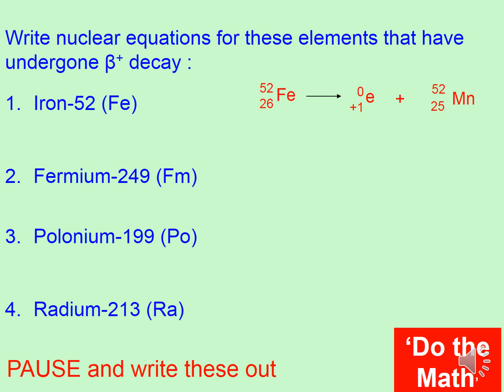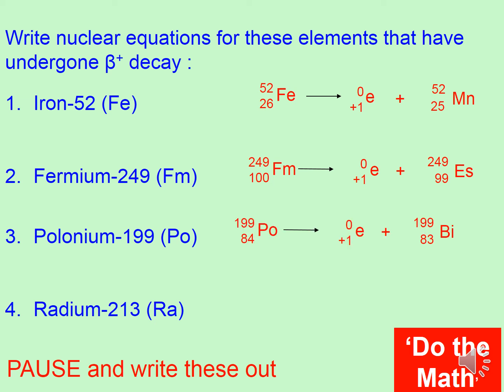And the answers are as follows. Iron goes to manganese, fermium goes to einsteinium, polonium goes to bismuth, and radium goes to francium. Okay, just following the same rules for all positron emissions, beta plus decay.